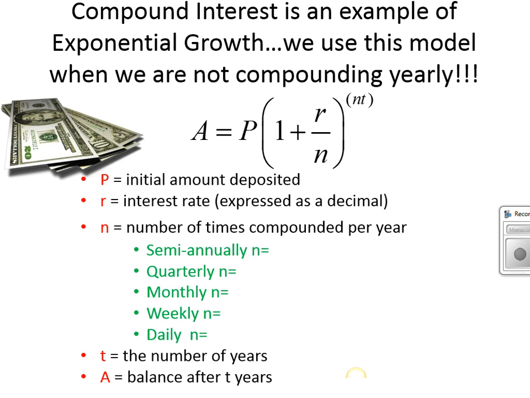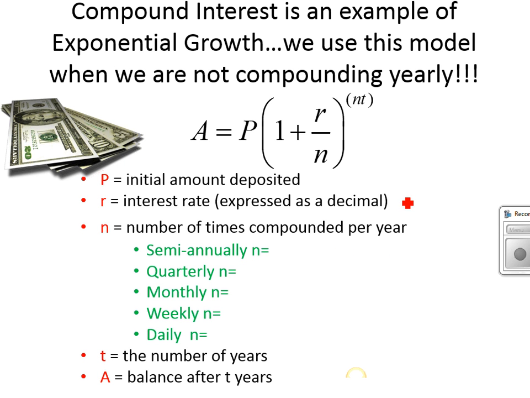N times T. So P is your initial amount deposited. So if you have $500 and you want to put it in the bank, that's the amount that you would deposit right away. Your initial amount. R is the interest rate, okay? And that is always expressed as a decimal.